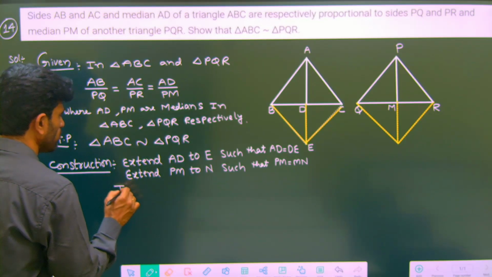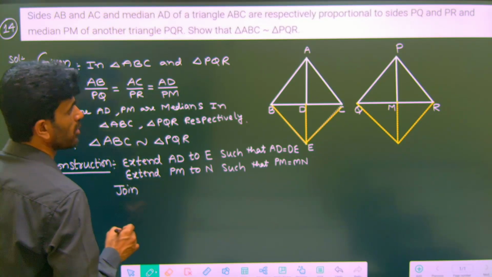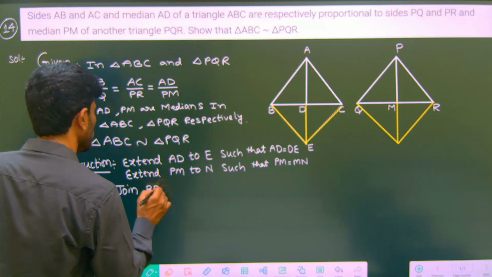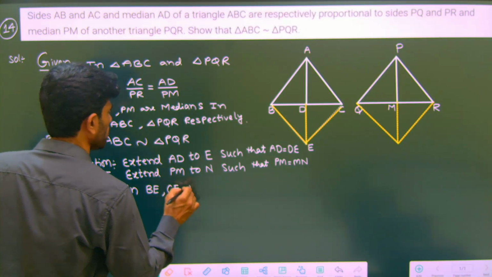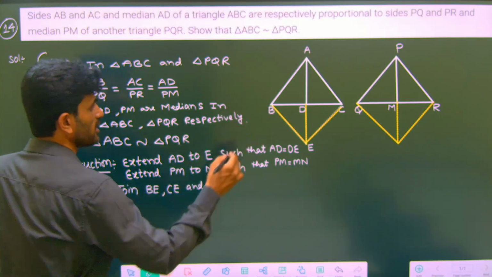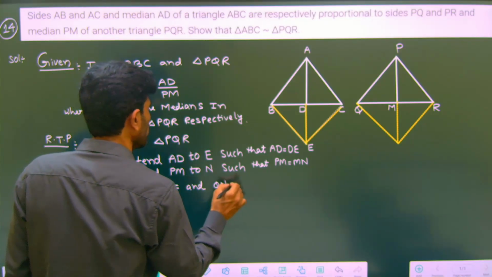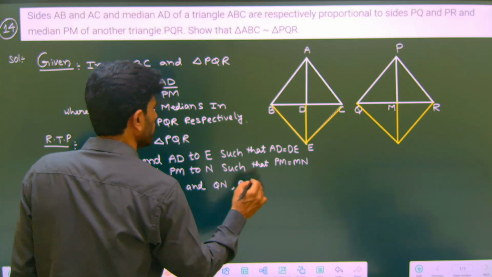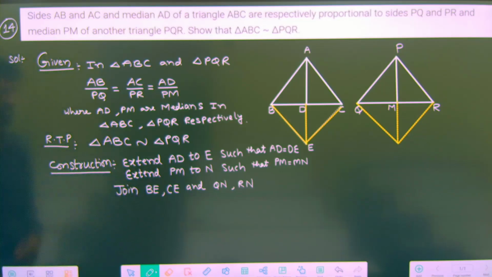I forgot to mention that you also have to join BE, CE, and in the other triangle QN, RN. So this is the construction part.